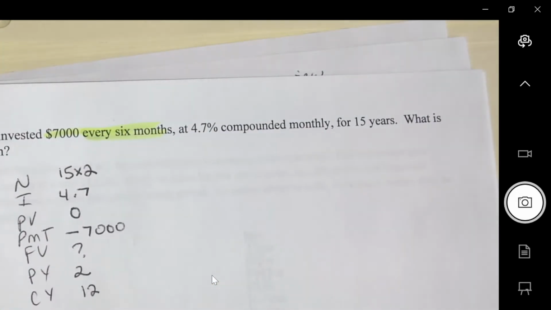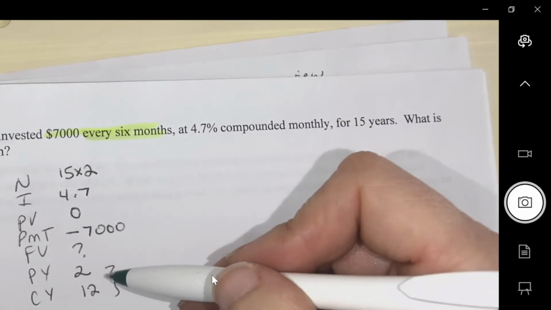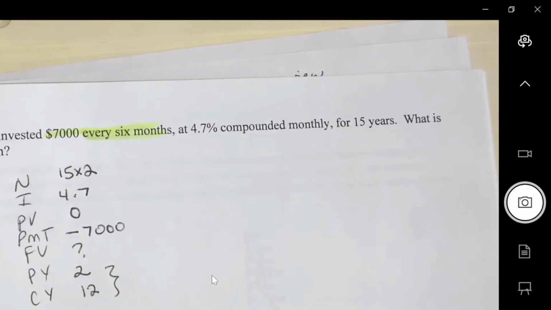Okay, so let's type in, let's see what we end up with. Be careful when you type down here, your calculator changes one when you change the other, so you have to make sure that they end up in there right.